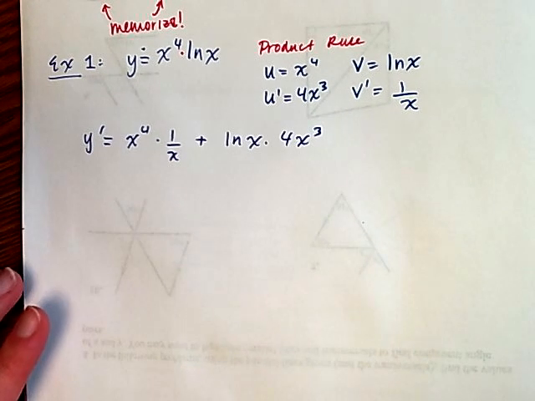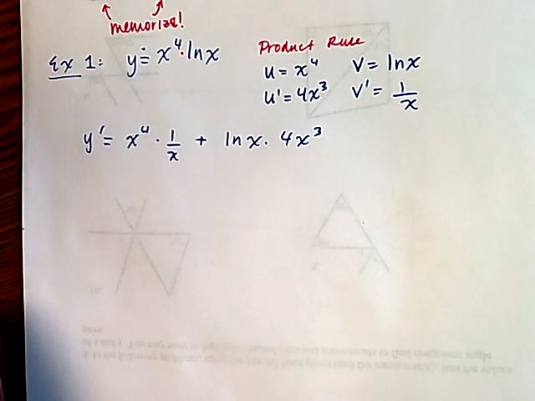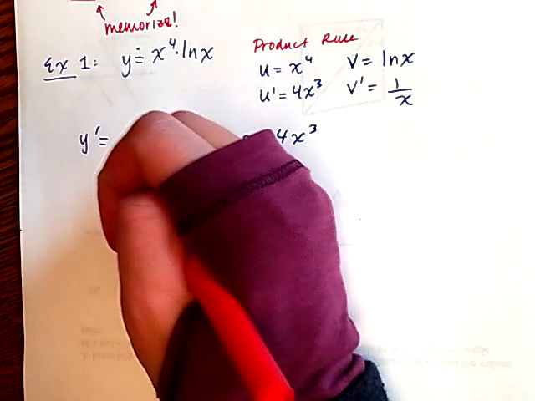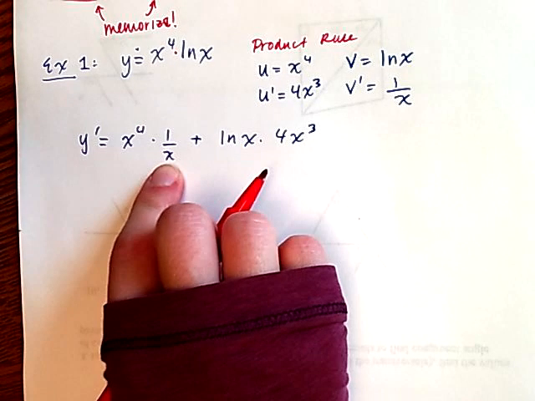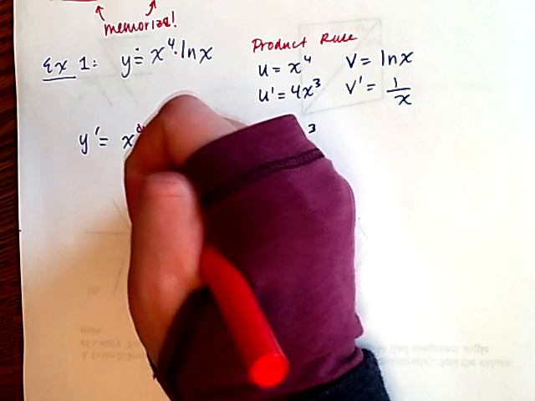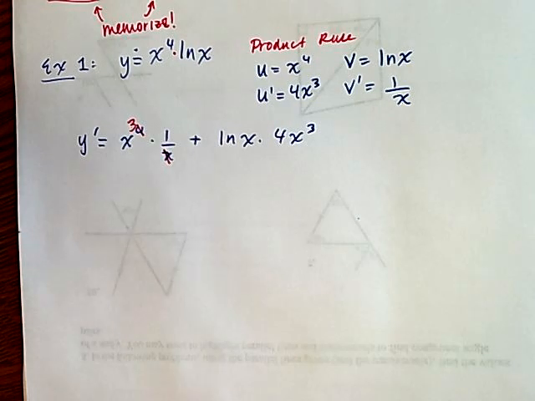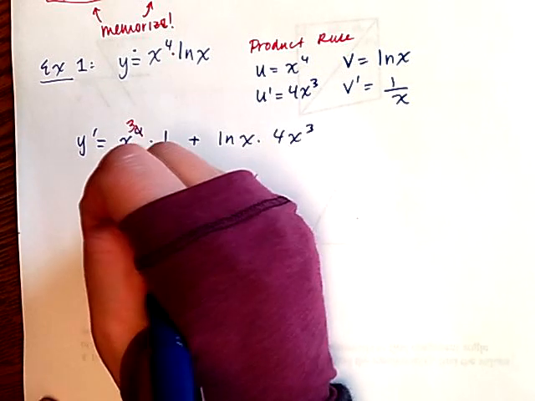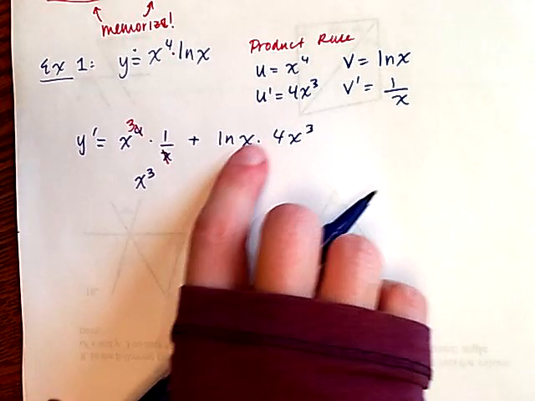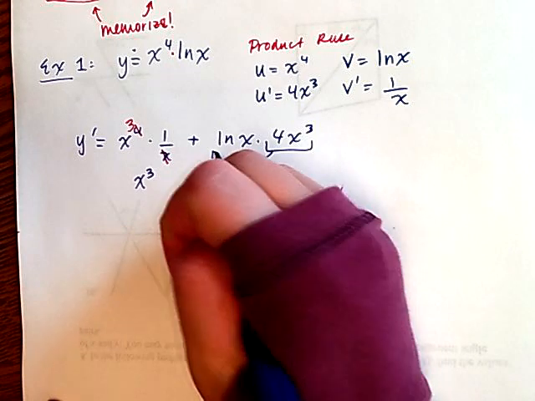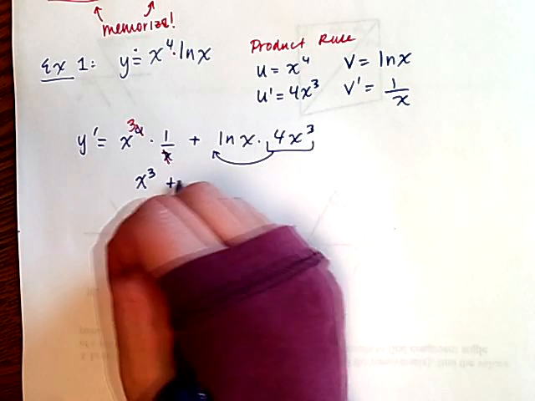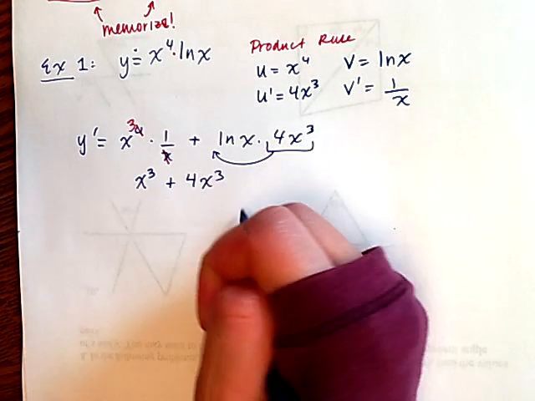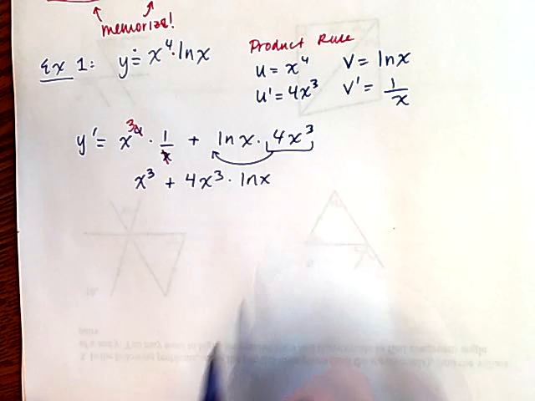At this point, I'm thinking about what simplification I can do. First of all, I see an x to the 4th divided by an x. That's basically just going to cancel one x out top and bottom, so I'm going to get an x to the 3rd here. And then the other thing I'm going to do is move this out front just so it looks a little bit nicer: 4x to the 3rd times ln x.